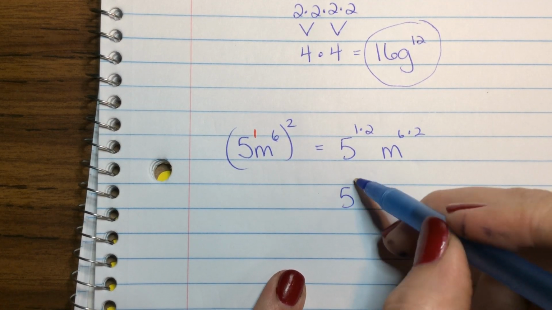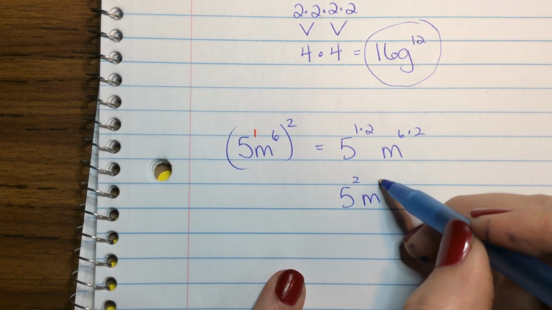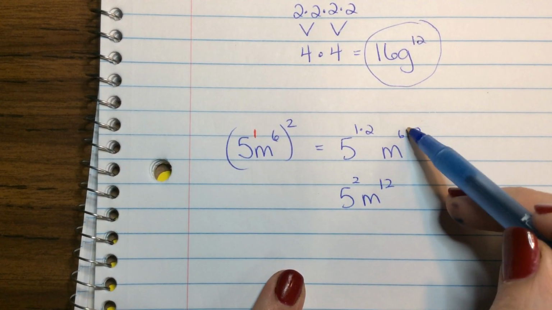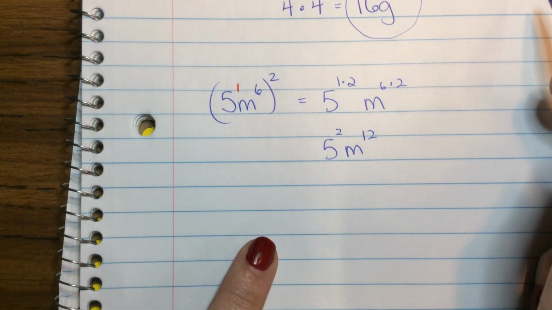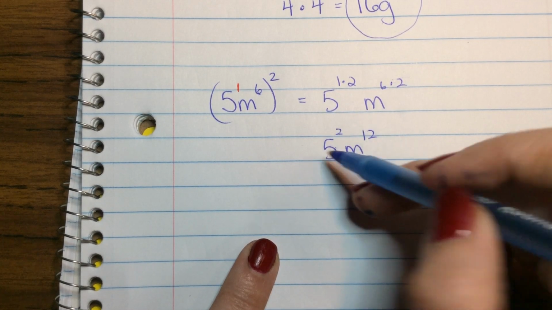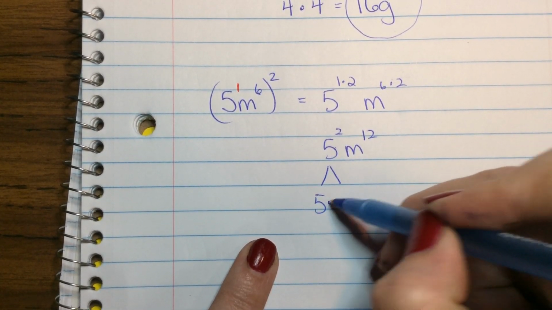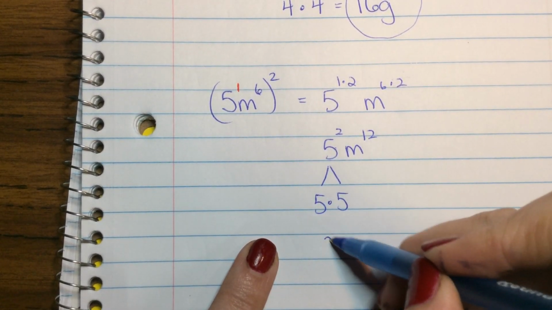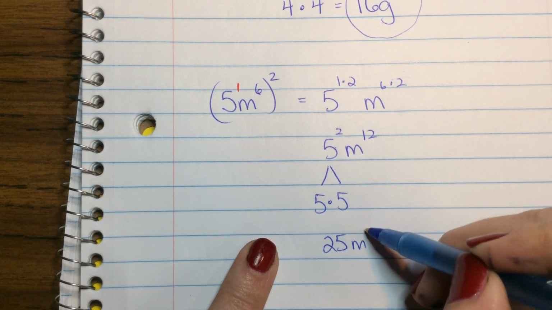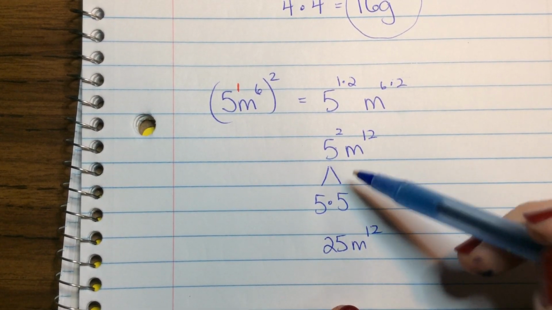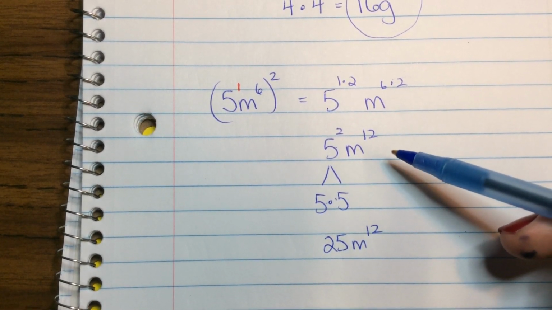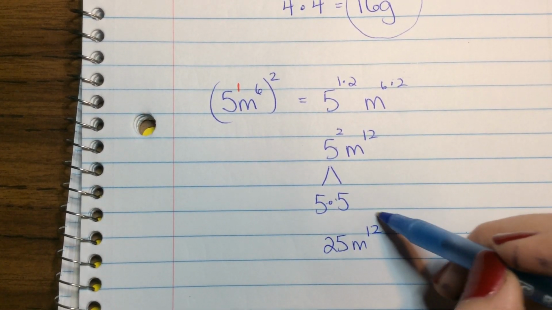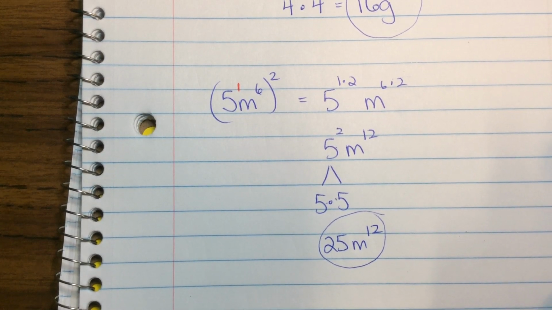So we got 5 squared m to the 12th. Because 6 times 2 is 12, 1 times 2 is 2. Now, 5 squared is really 5 times 5, which is 25. A lot of kids would say it was 10. So make sure that you're multiplying the 5s. 5 times 5. Don't do 5 plus 5. So 25 m to the 12th.